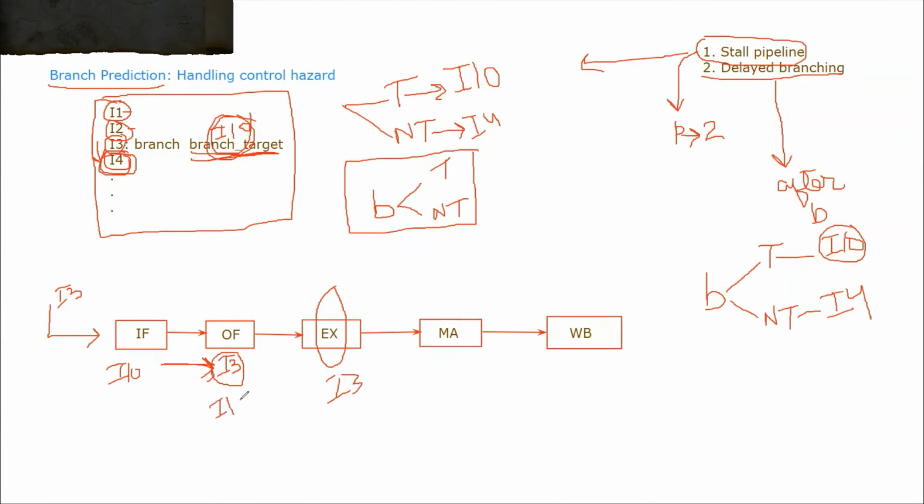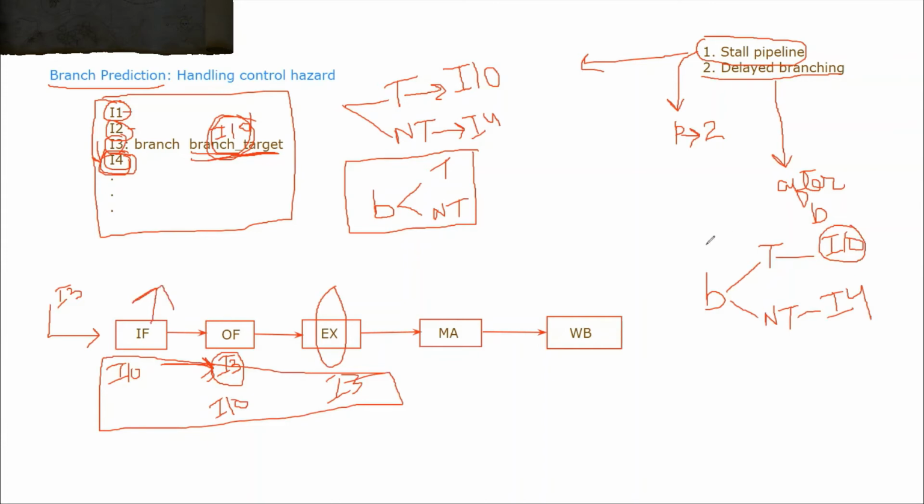So is there any delay or any bubble in the pipeline? No, there won't be any bubble, because my instruction fetch stage is not idle. But this scenario is possible only if I know the outcome of the branch in the fetch stage.